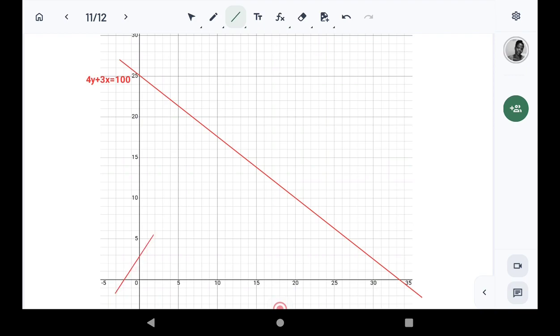Then that's negative 0.6 there, somewhere there.